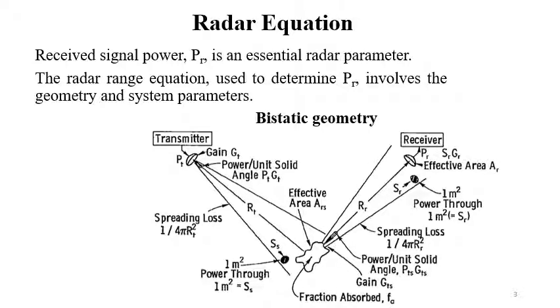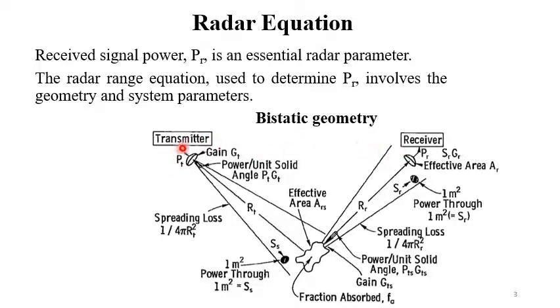To understand the radar equation, we will first consider a bistatic geometry of radar. Now radar may be monostatic, bistatic or multistatic. The basic difference between these three is, if the transmitter and the receiver are placed in the same geographic location, then it is called monostatic.